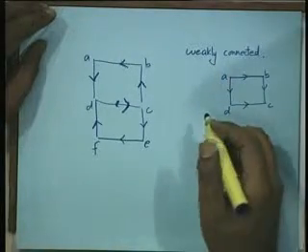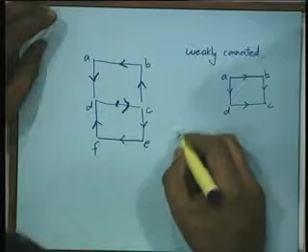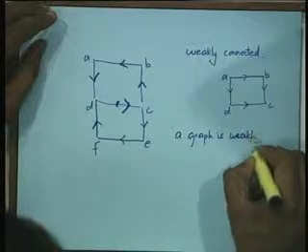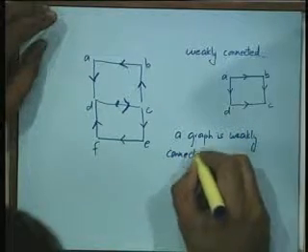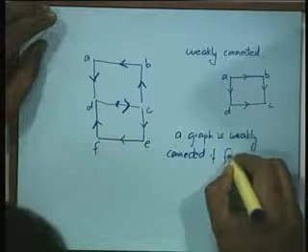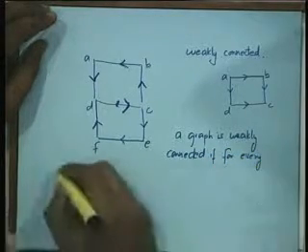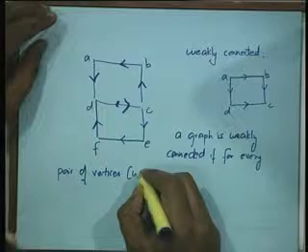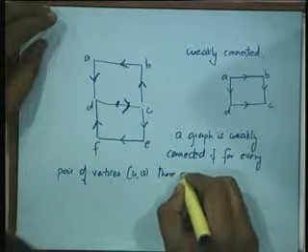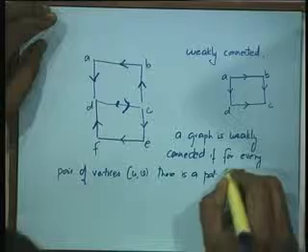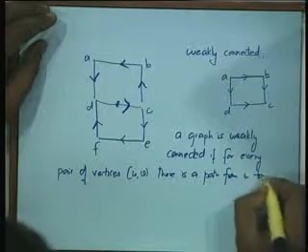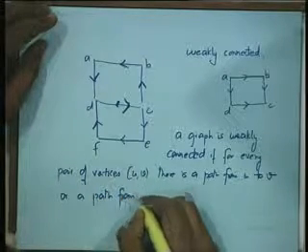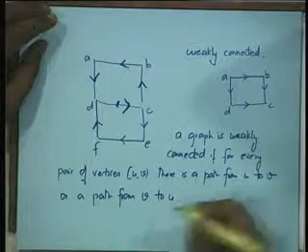So, what's the right definition of weakly connected? A graph is weakly connected if for every pair of vertices u, v, there is a path from u to v or a path from v to u or both.